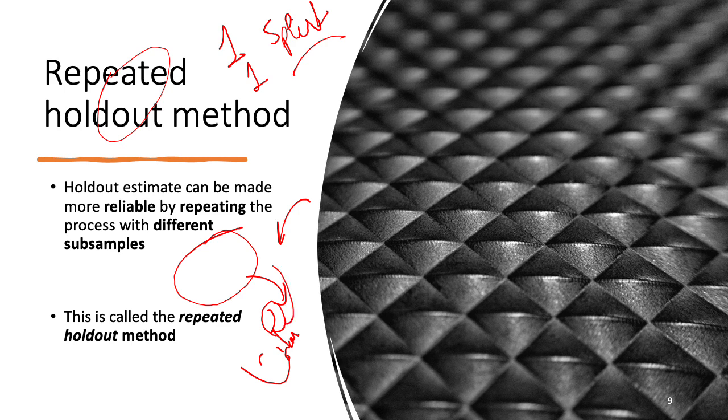Then you put it back, draw a third sample, test it again, and now you end up with 3 estimations. Then you use the average of all 3 of them. Now you have an estimation of how your model would perform on average. We call this the repeated holdout method.